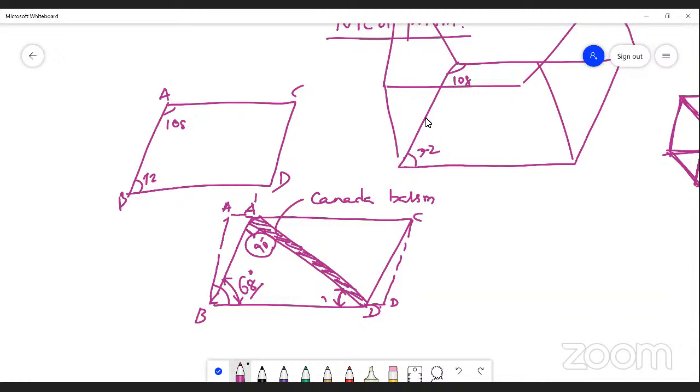Very good. This is 22 degrees, and overall this is also 22 degrees, this is almost 90 degrees, and this is 68 degrees.